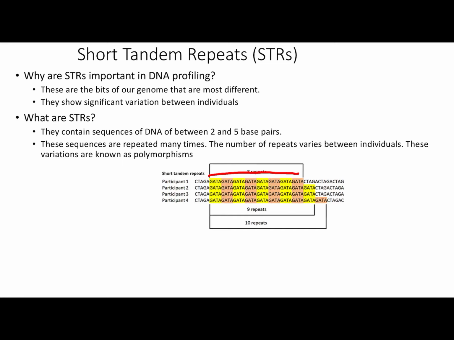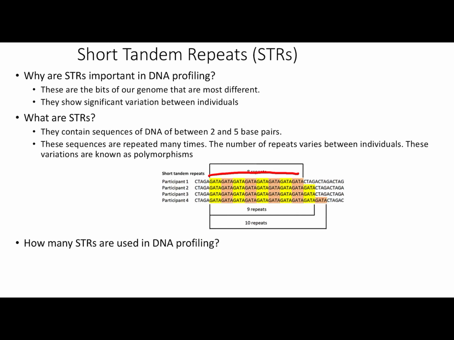Whereas participant 2 has 9, and participant 3 also has 9, but participant 4 has 10. So we can see within this particular locus, this particular position in the genome, you can get these varying lengths of these sections of DNA. And that is what's going to be important later when we come to analyse them, because it's the length of those fragments that will actually give us the different profiles.